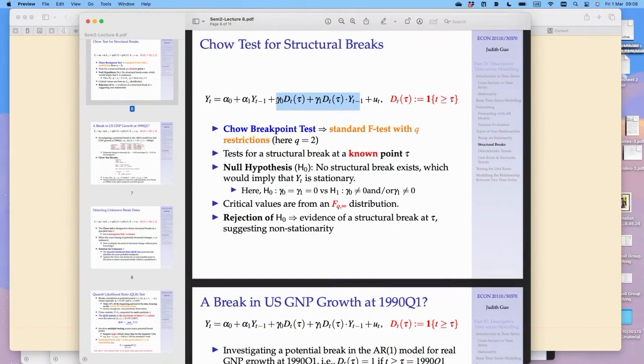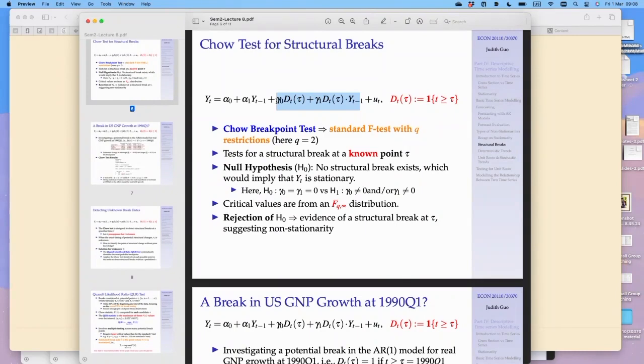Essentially, that means we'll have the same parameters for the entire data set, whereas the unrestricted model allows different parameters, a different intercept and different slope corresponding to different subsamples before and after the break.